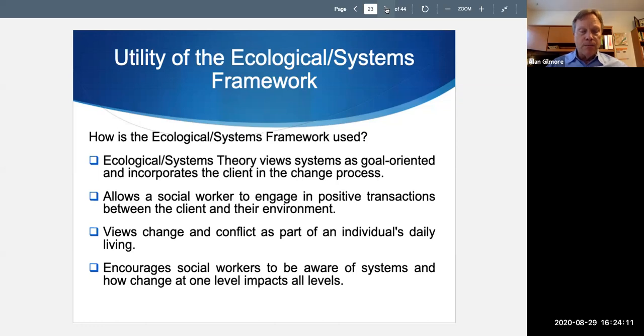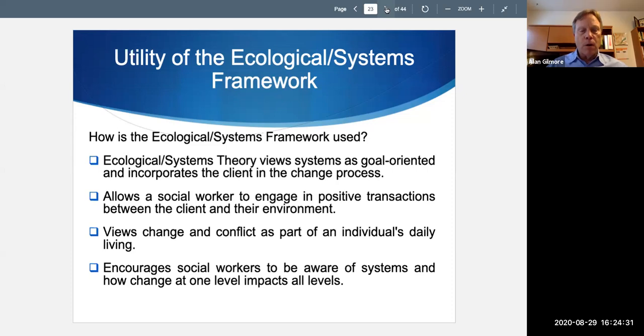The ecological systems framework views change and conflict as part of an individual's daily living. For some folks, challenges in terms of dealing with conflict or dealing with change can be difficult.